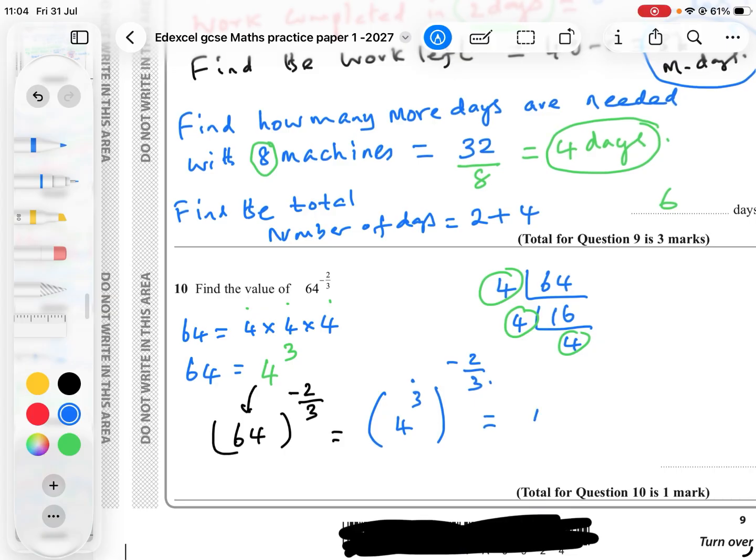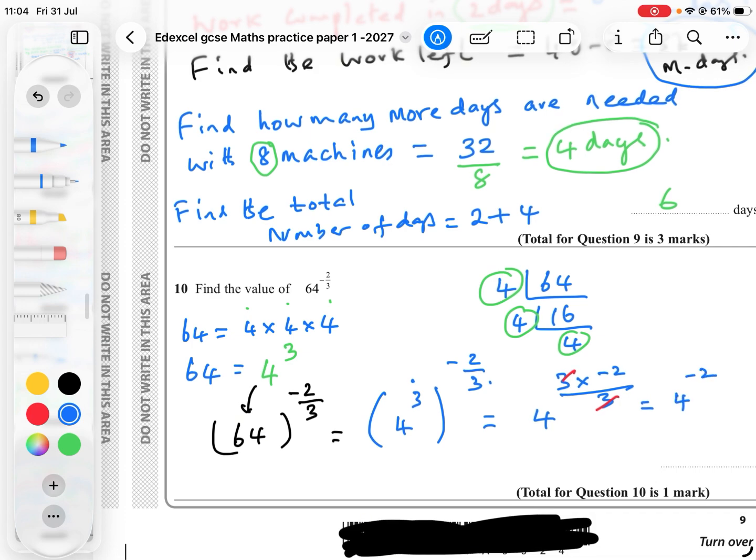How? When you expand your bracket, you need to multiply the 2 powers. Minus 2 over 3. What will happen? This 3 cancels. So this one, 4 to the power minus 2.